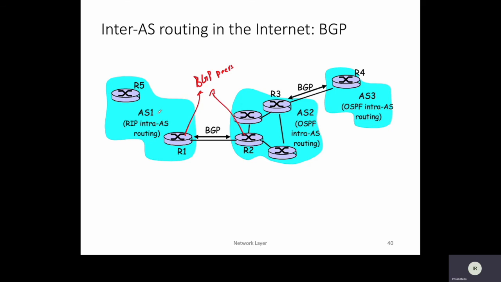Okay, and these peers communicate using a BGP connection. So this link or connection is called a BGP session. So BGP peers communicate with each other using what? Using a BGP session.